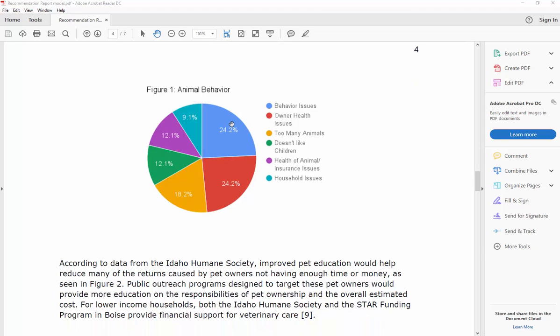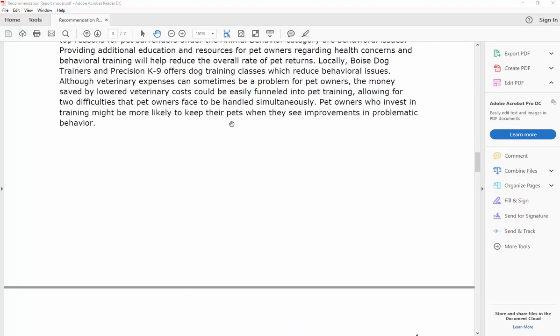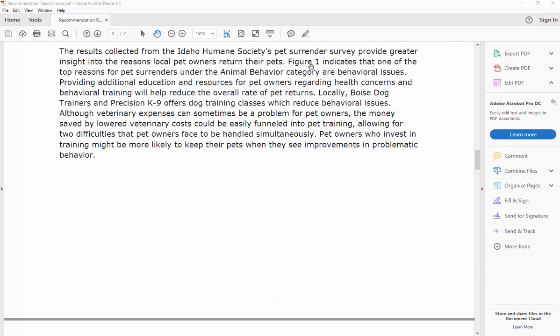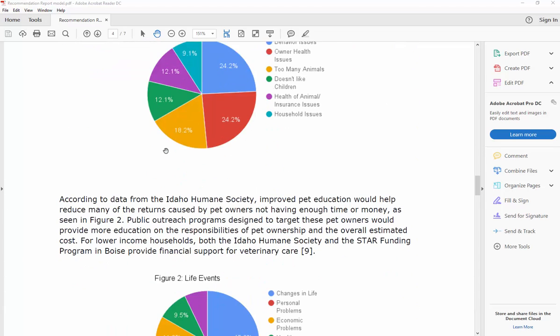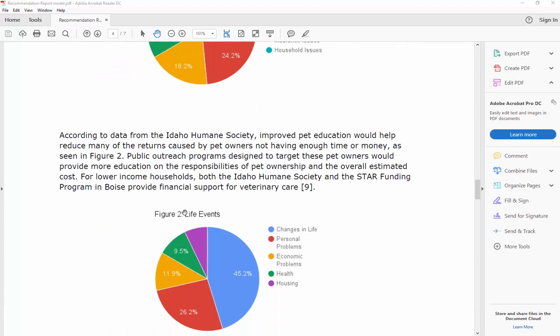The second rule is that you refer to it directly in the text. So if you see up here, it says something to the effect of figure 1 indicates that one of the top reasons for pet surrender is, and so on. So keep that in mind as you proceed. You see that they also have a second figure. Again, it's not very descriptive as a title.